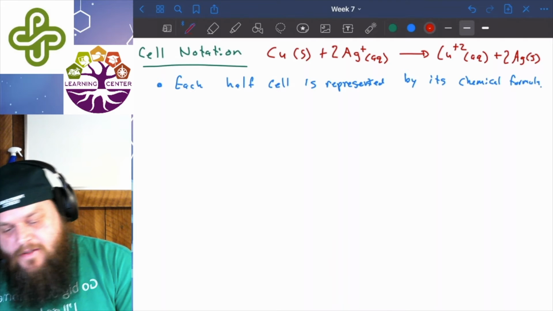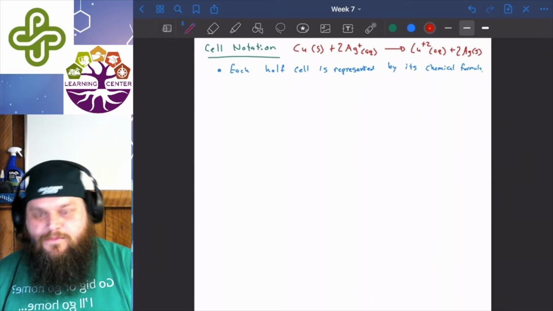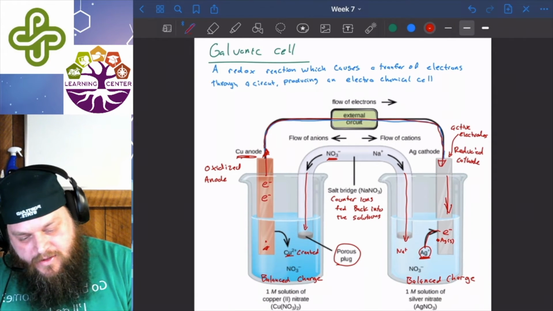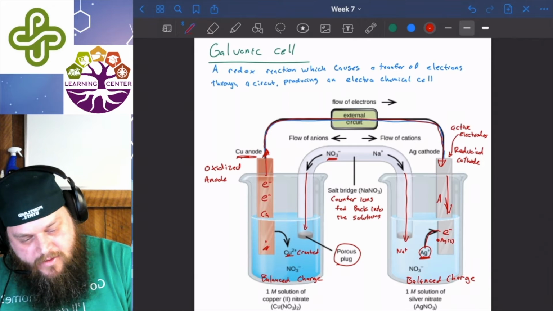An example of this here, for this type of cell, the chemical formula is really just this copper and this solid silver.